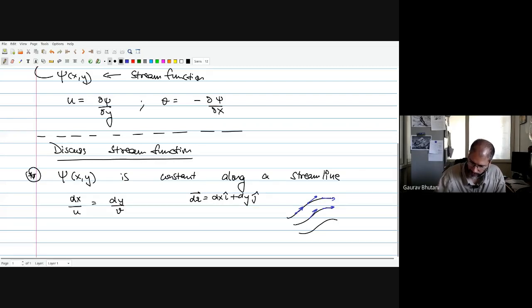So dr is a length vector along the streamline. So this was the equation for finding out the streamlines. If I just play around with this, we can write u times dy minus v times dx equal to 0.